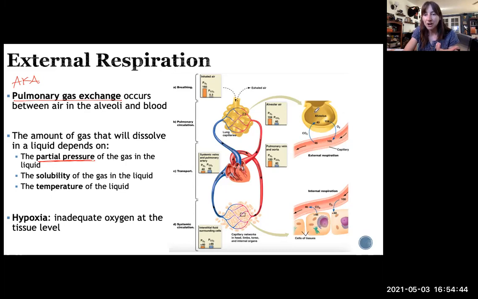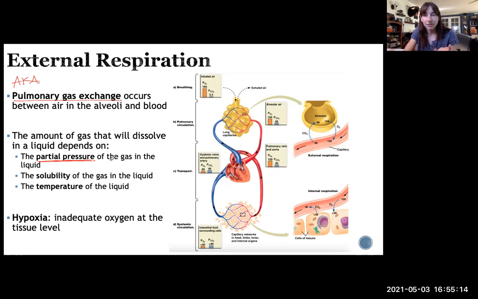If you have a higher partial pressure of that gas inside of this gaseous matter here, higher than the partial pressure of that same gas inside of the liquid of the blood in the capillaries here, then it will travel down its pressure gradient from the air in the alveolus into the liquid of the blood.